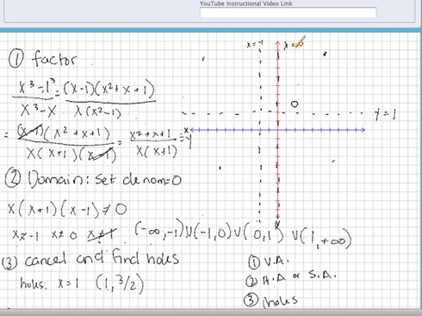Well, I have a hole in my graph up here, so I know part of my graph is going to be up here. So I've got this going on up here in this quadrant, and then on my other side, it'll either be up here or here. To find out which side it's on, just plug in a value.